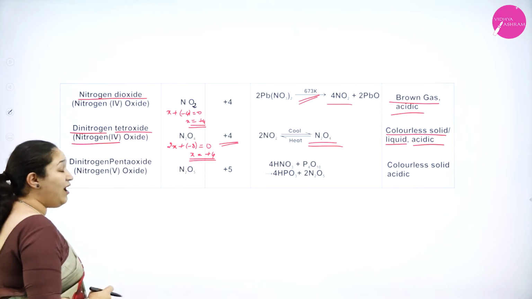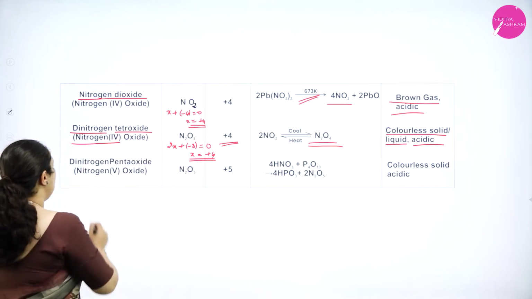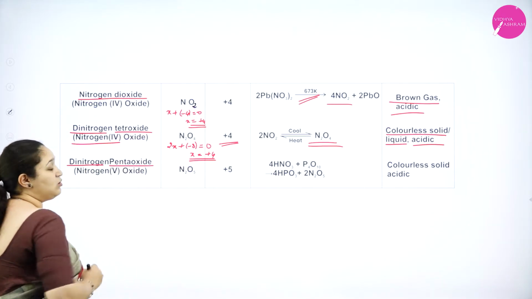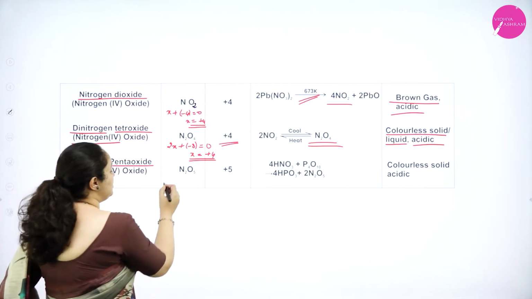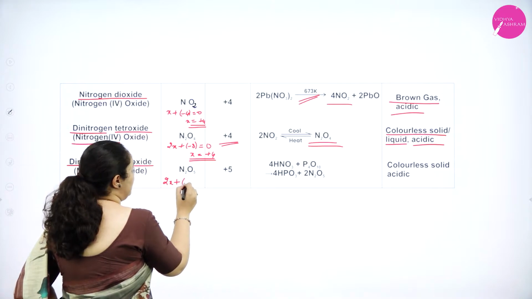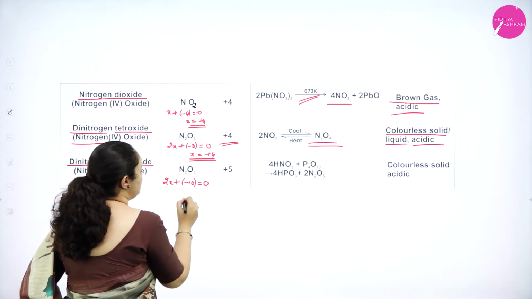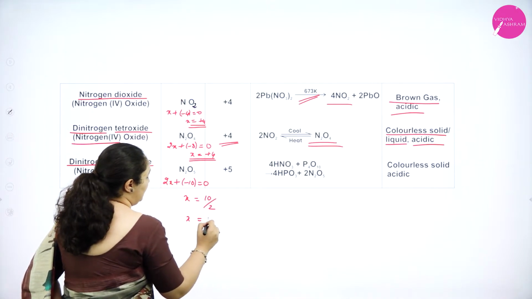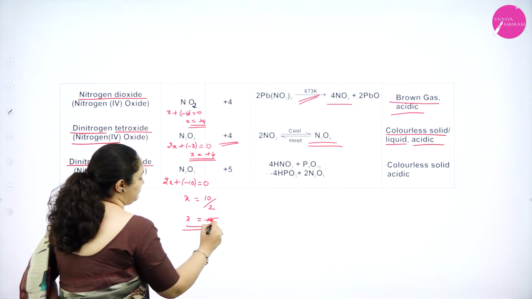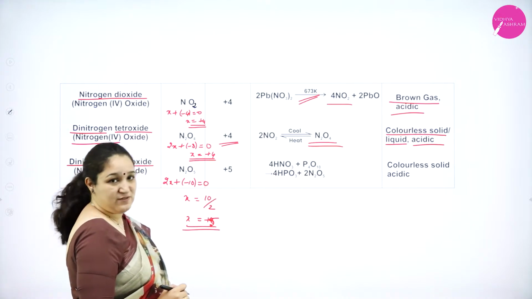The last oxide which we have is nitrogen pentoxide, that is N2O5, and the oxidation state is 2x plus -10 is equal to 0, x is equal to 10 by 2, that is nothing but +5 state. So it is in +5 state.